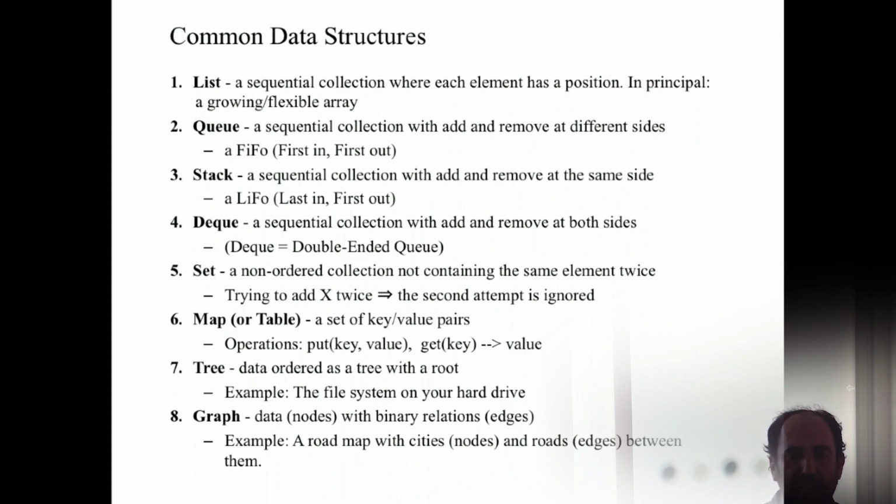For this data structure, we can insert elements at the end: a new element will be placed at the end of the existing elements in the queue. But when we remove or try to get an element from the queue, we will always get it from the front of the queue. The first element will be removed.